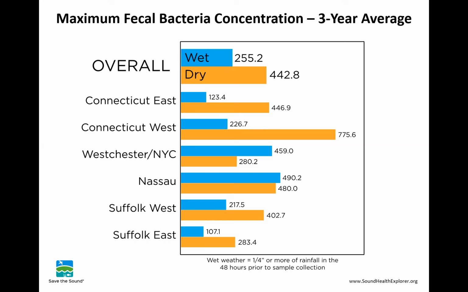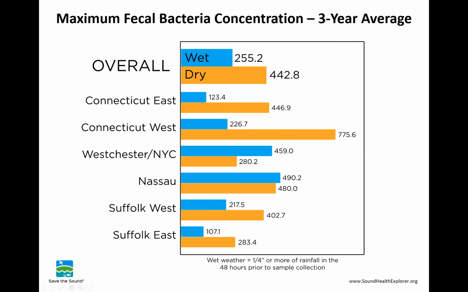This is what the data showed us. So you'll remember the cut point for passing is 104. So you can see, and these are averages of the highest. And I can tell you that there are beaches that go into the 1,000 to 2,000 range sometimes when they fail. But this just shows the average of those highest numbers for each of these regions.